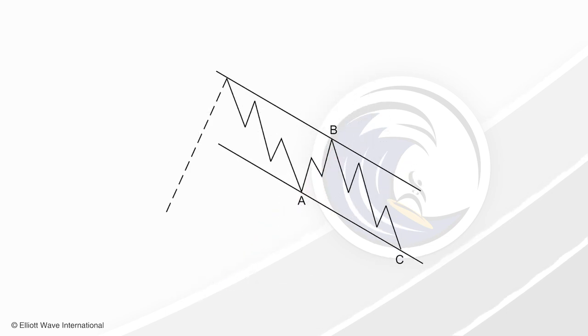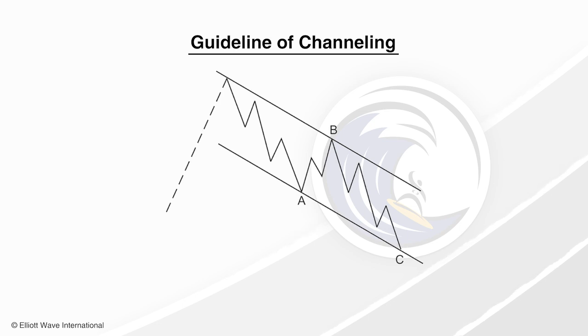We can also apply the guideline of channeling to zigzags, which are corrective structures. If we connect the origin of wave A with the termination point of wave B, and then draw a parallel line that includes the termination point of wave A, that gives us an estimate for the termination point of wave C.